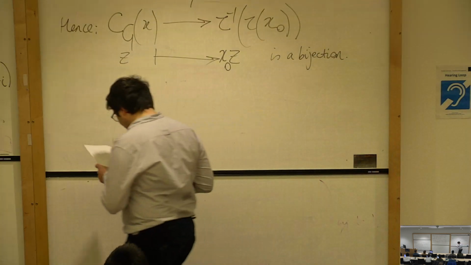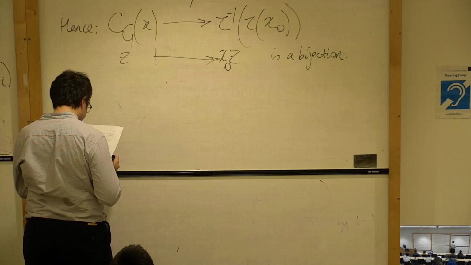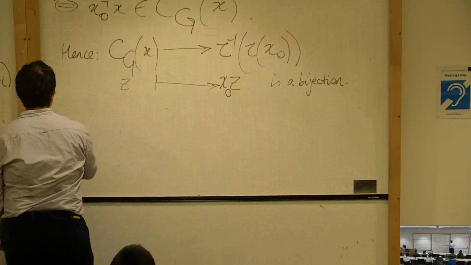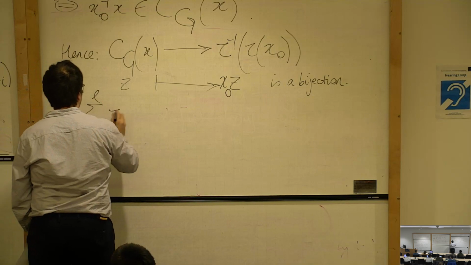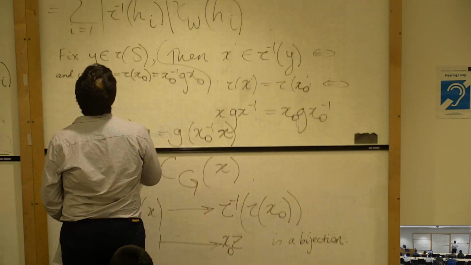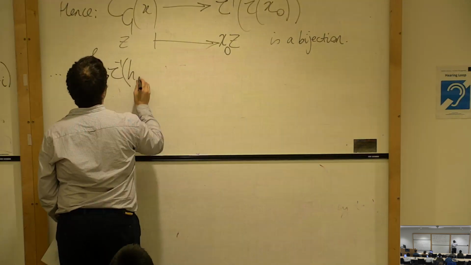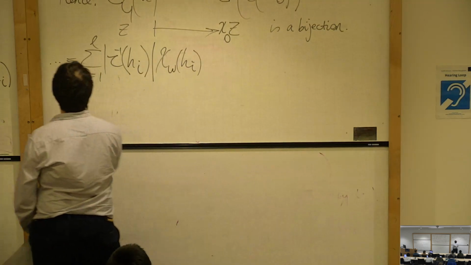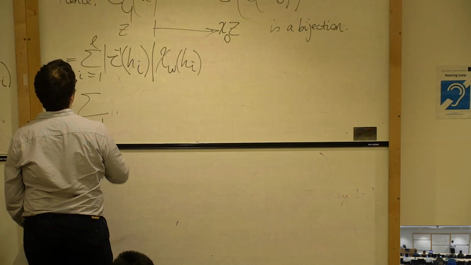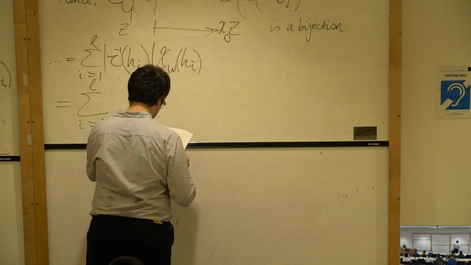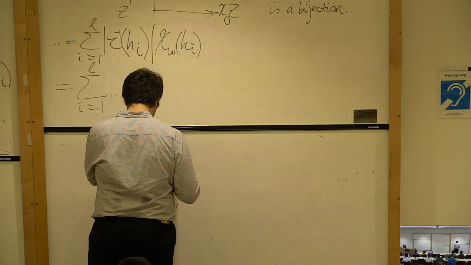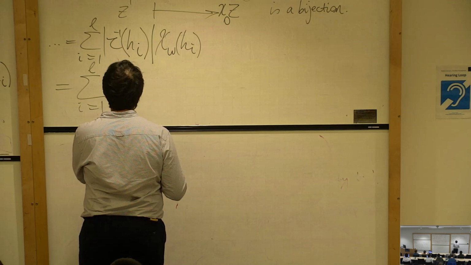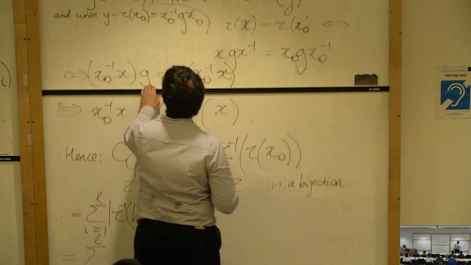Not quite. So hence, the sum over i equals 1 to l of tau inverse... I screwed up there.